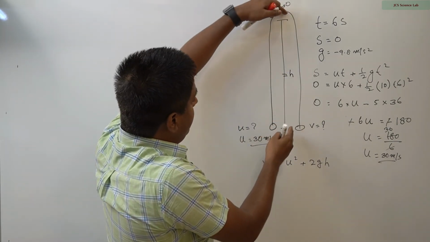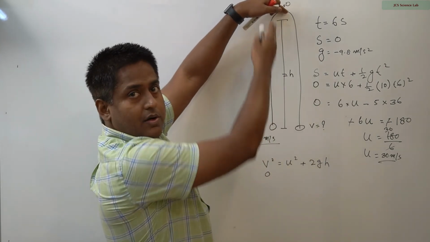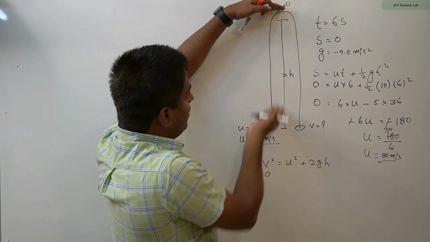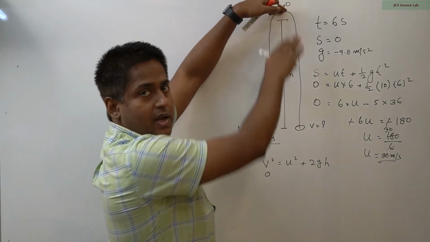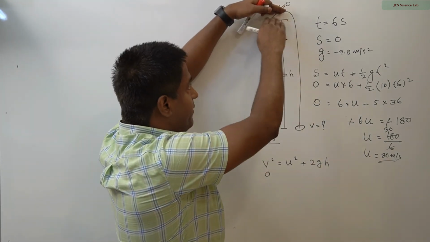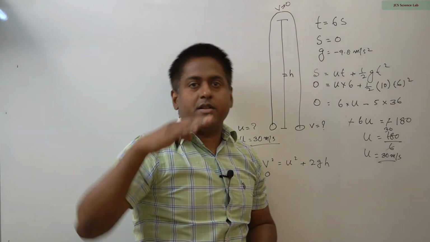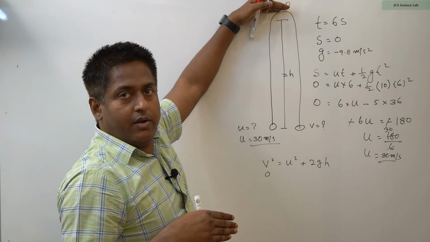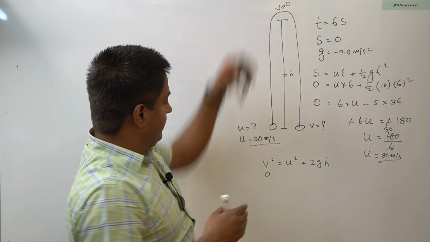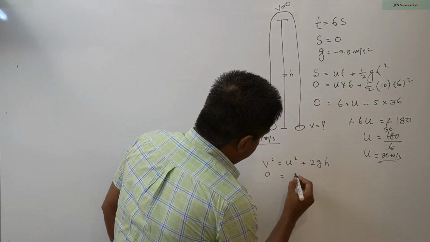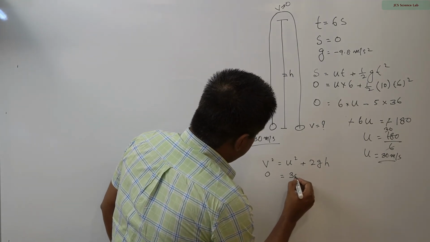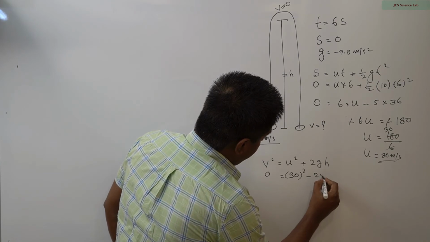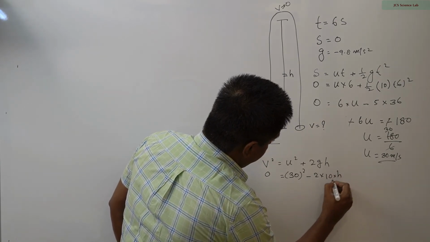Now we are considering only this part. We are not considering the second part of the motion. We are considering the object goes up and then stops here and then starts coming down. So it stops here when it reaches the maximum height, and we are calculating the maximum height. So v squared is equal to u squared, which is the square of 30, minus 2 into 10 into h.